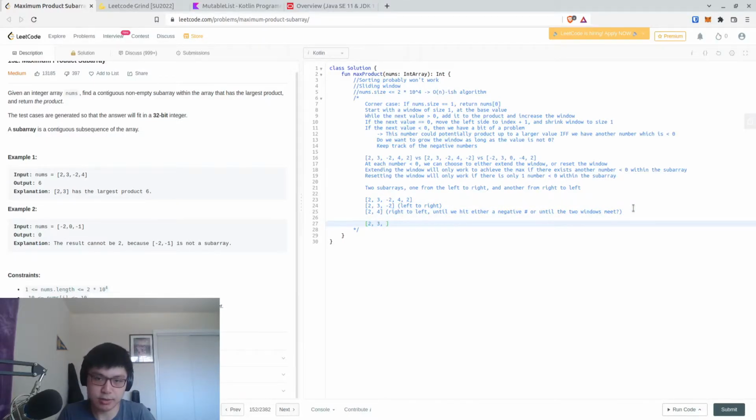Okay, let's try 2, 3, negative 2, 4, negative 2. That goes 2, 3, negative 2. Then we go 2, 3, negative 2, 4, negative 2. This goes negative 2, and stops there, stops after multiplying a negative number.